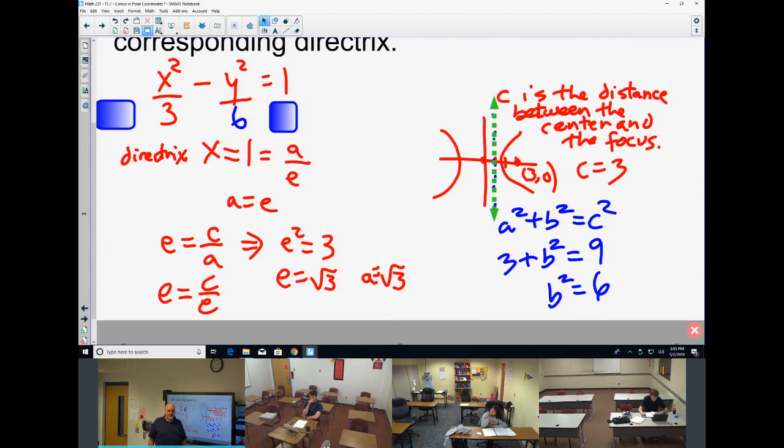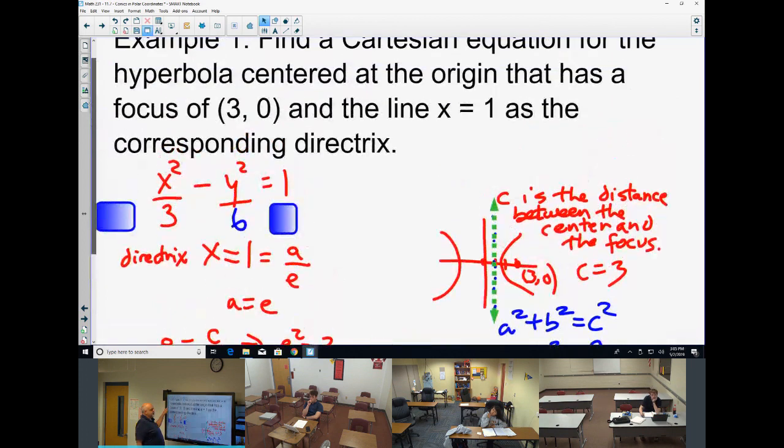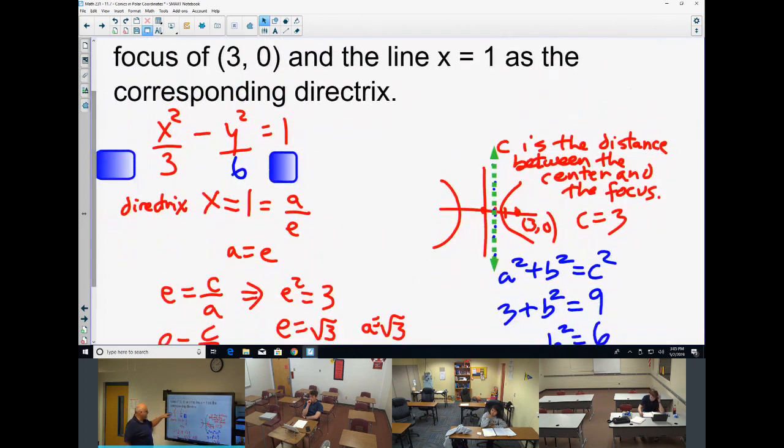Now, in the practice problem, its number one difference is that it's an ellipse. So the equation is slightly different in that it's a plus in here when you have an ellipse.